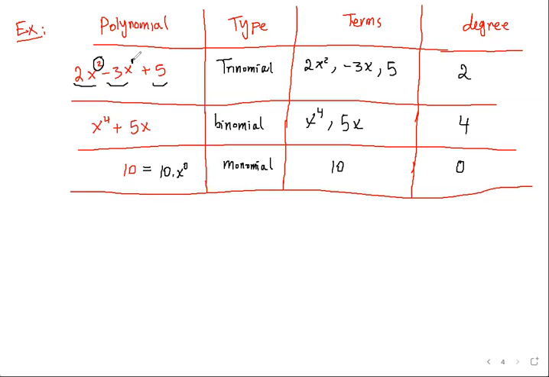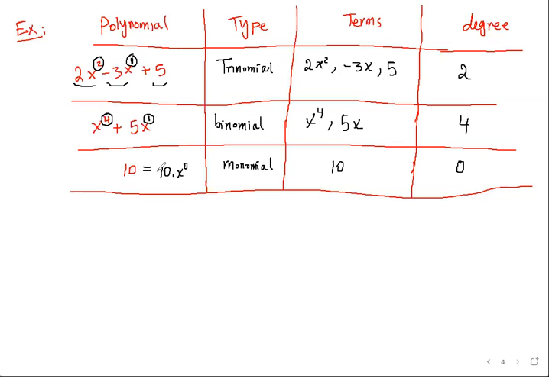Here is 1. Who's the greater, 2 or 1? 2. Exactly. Here the same thing. The exponent is 4, and the second exponent is 1 here. Who's the greater, 4 or 1? It's 4. That's why the degree is 4.